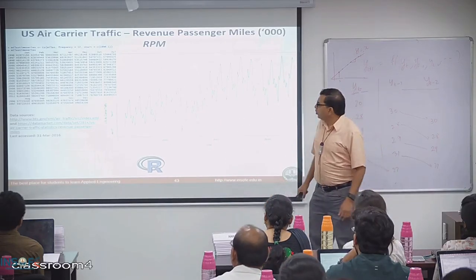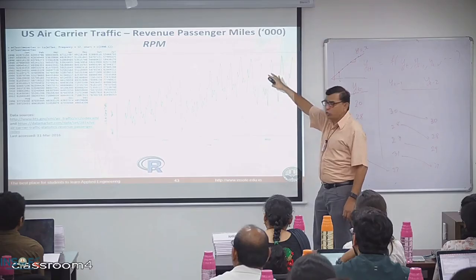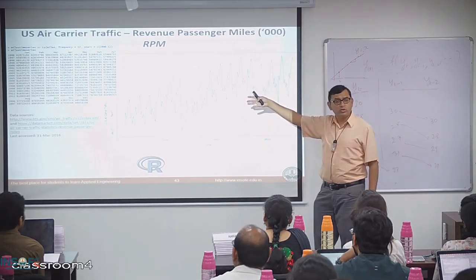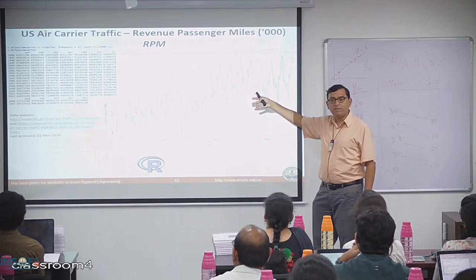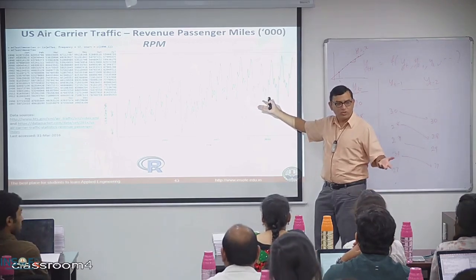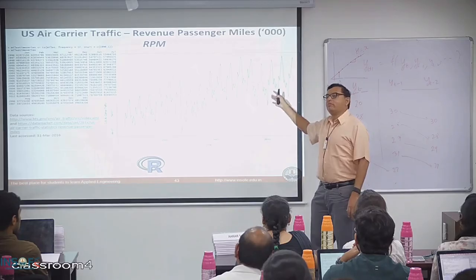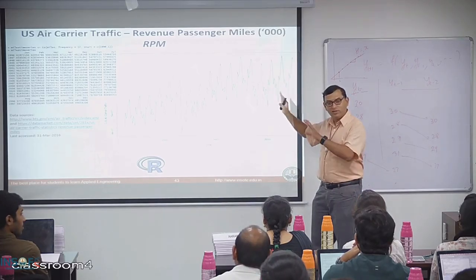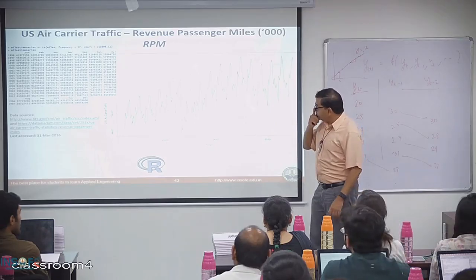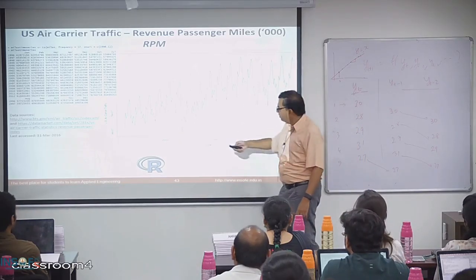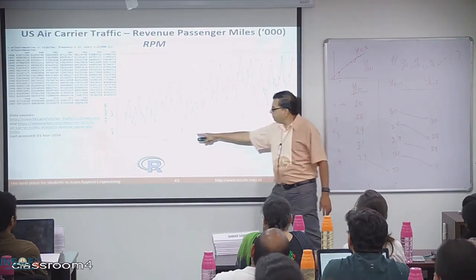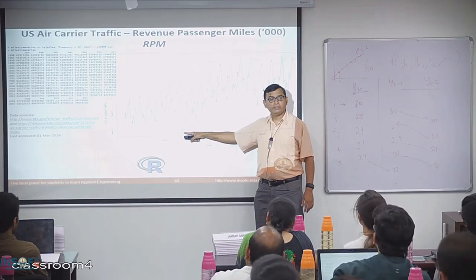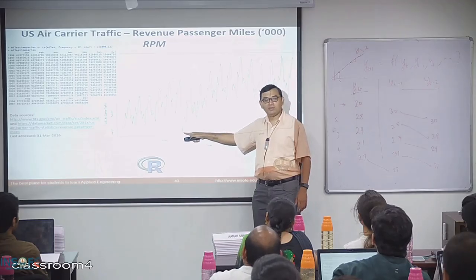Okay, so this also shows seasonality, right? Any reason why you would expect this to show seasonality? Vacations, right? So even though the other chart was different, the reason why both of them show seasonality is still vacation. This particular dip here, any guesses what happened? 9/11, right?